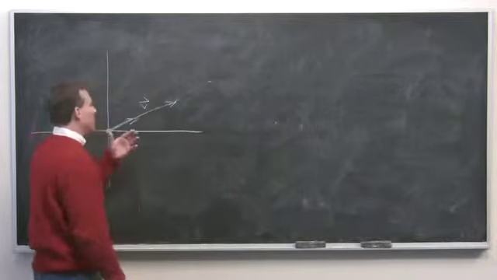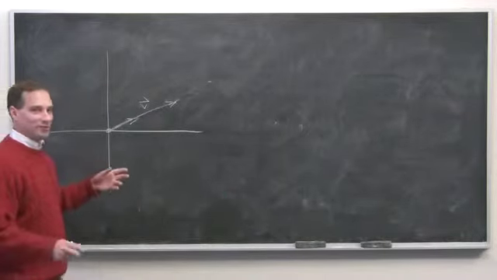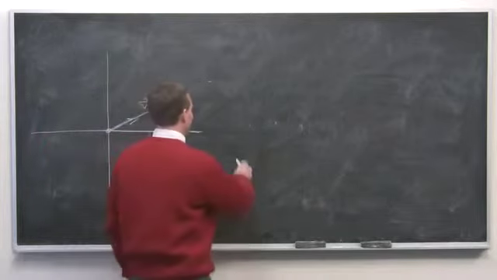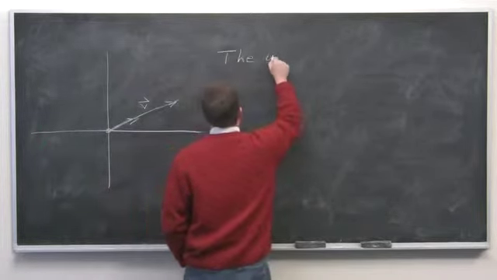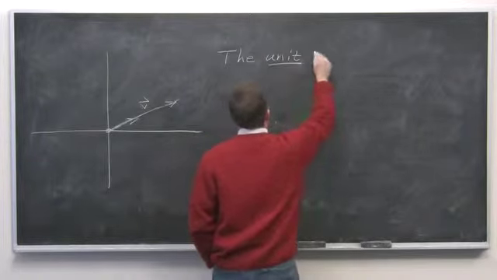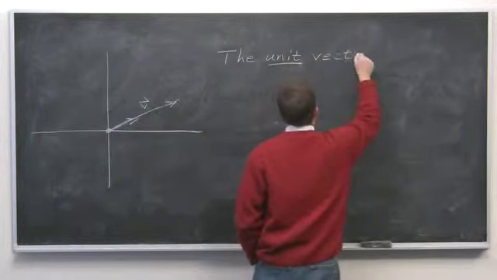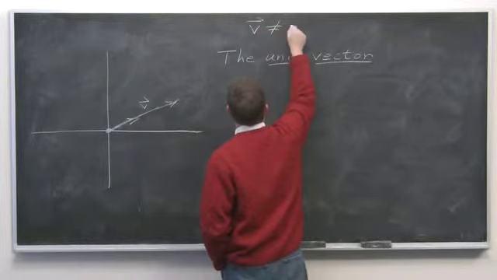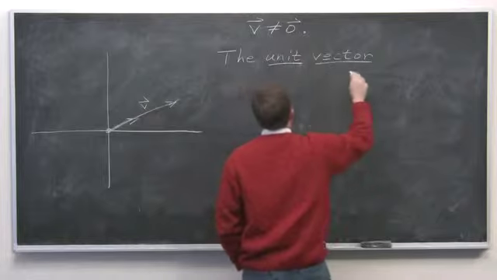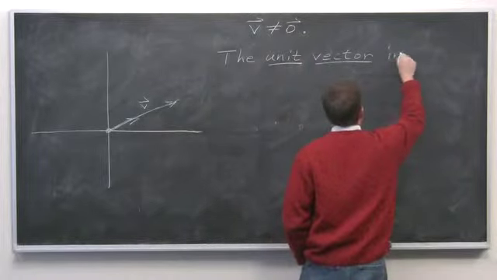And so what we do is we make the vector a unit vector. Now, I don't mean you leave the vector the same, but you define the unit vector in the direction of v. So suppose v is not the 0 vector. The unit vector in the direction of v.